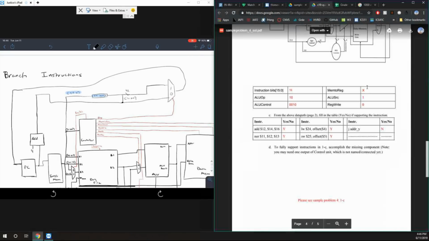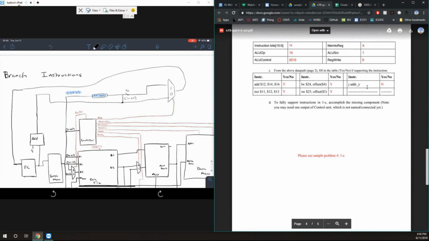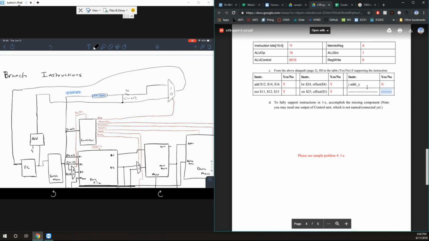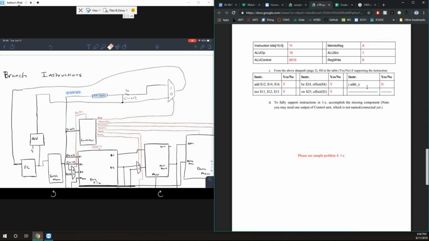Can I add branch into the picture? I can. I'm going to have to erase part of it though, because it's not the same. In order to add branch, you have to erase this line, add in another mux here, 0, 1. Then you have to take these bits from here all the way up.